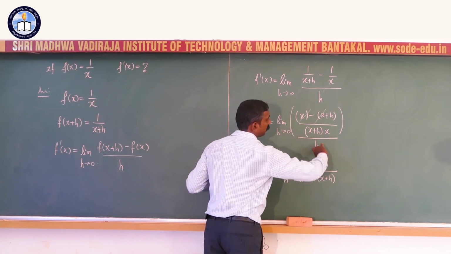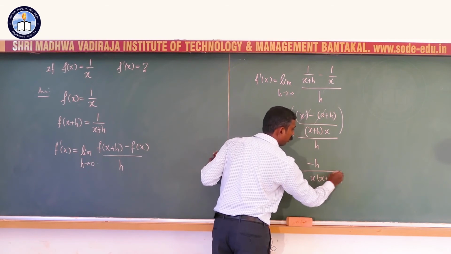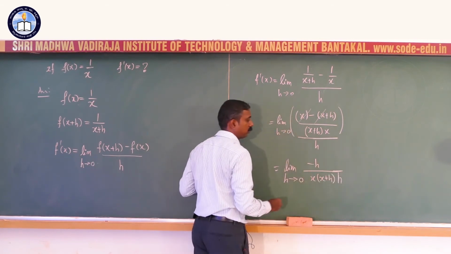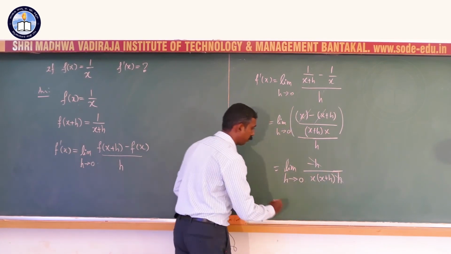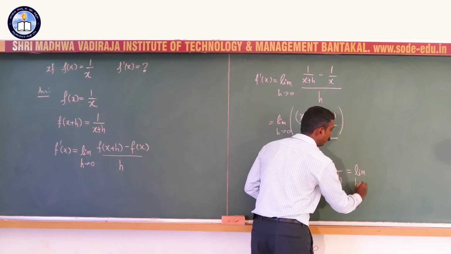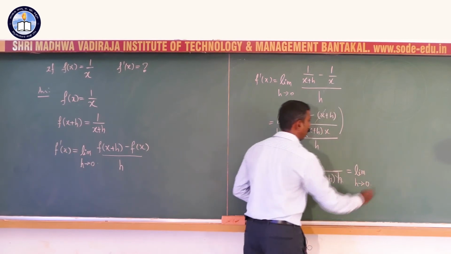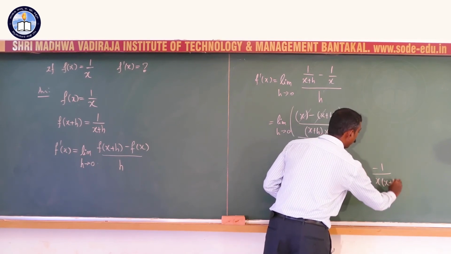So, whole divided by h will be taken to the denominator. Now, again h gets cancelled. So, you are left with limit h tending to 0 of minus 1 divided by x into x plus h.